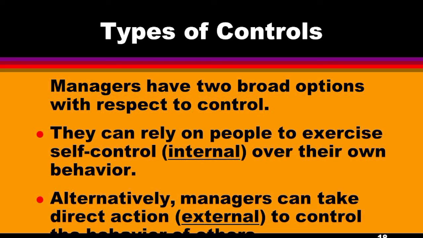types of control, managers have one with respect to control, and they can rely on the people to exercise self-control, that is internal control, and another one is external control.